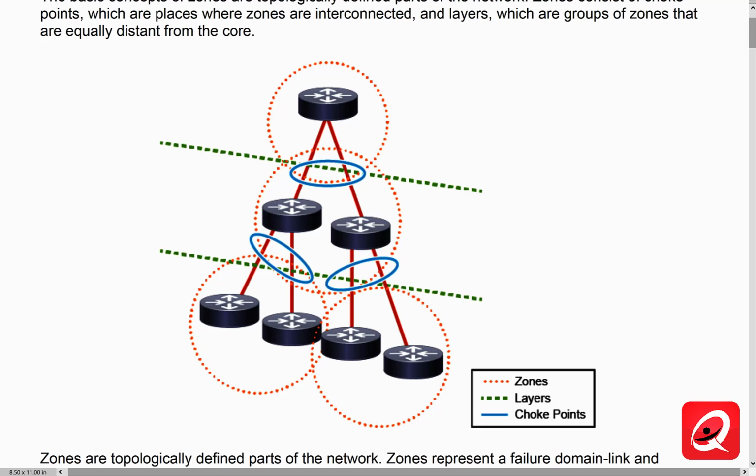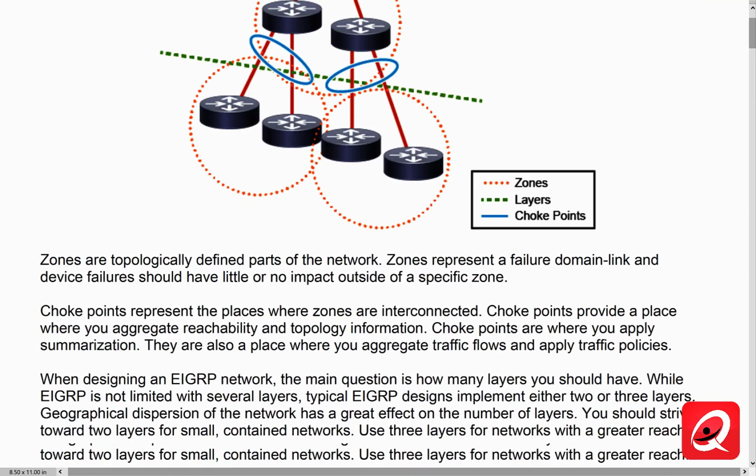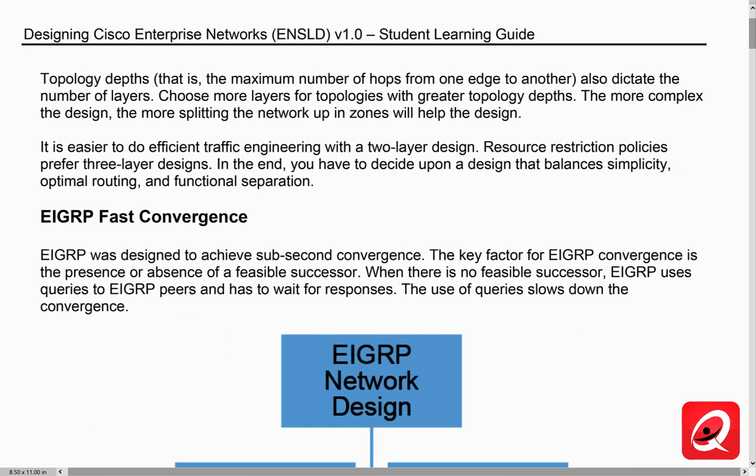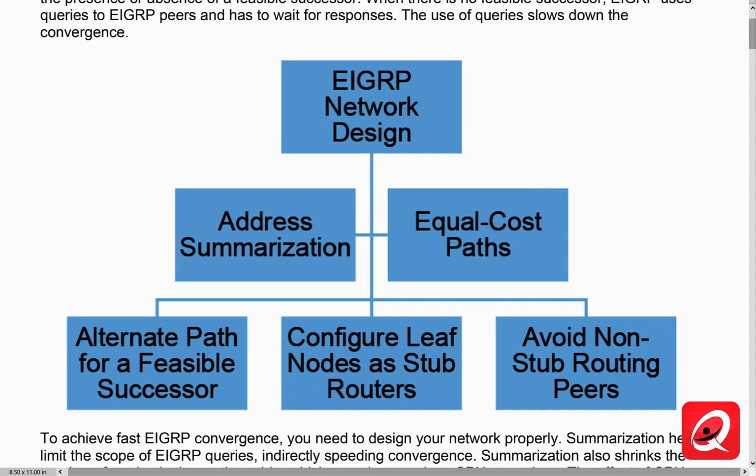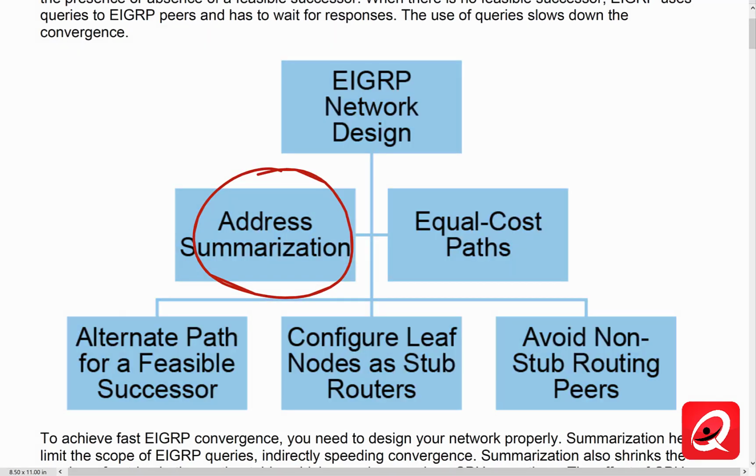All right. Now, how do we achieve fast convergence with EIGRP? We've already talked about this a little bit, right? One of the key elements to fast convergence in EIGRP is to implement route summarization. Now you might say, well, wait a minute.